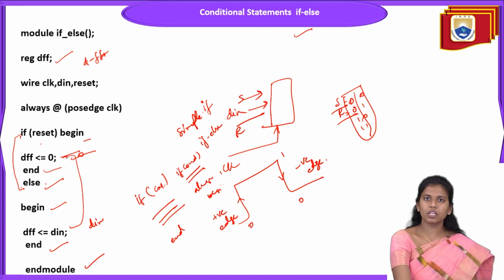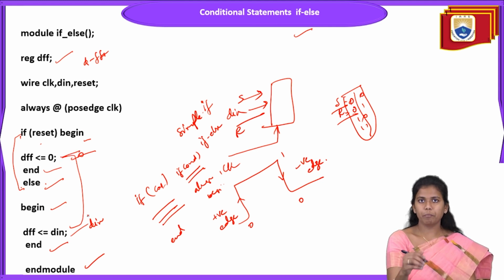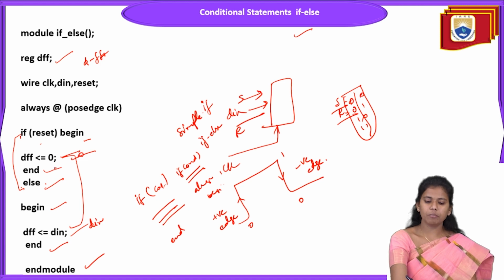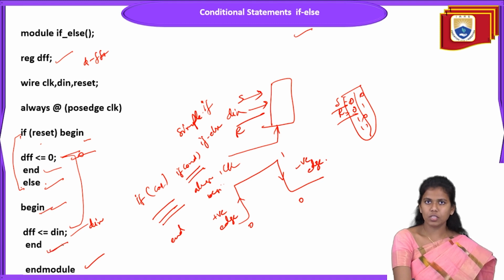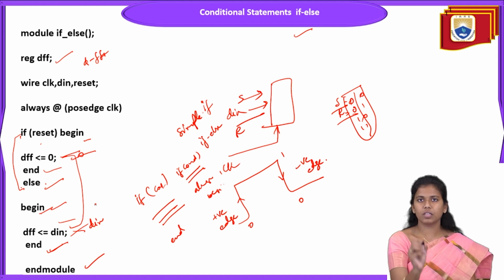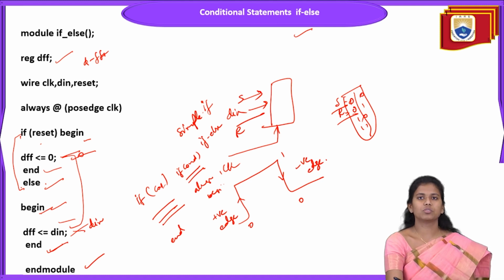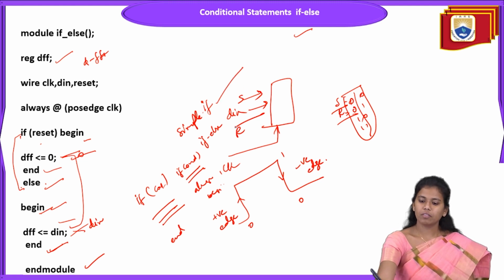One is with respect to 0 and one is with respect to the D input, isn't it? So for this reason I'm using begin and end statements. In between I have to write the conditions, whether it equals 0 or less than or equals to the input that you are considering. So this is the slight difference between the simple if and the conditional statement if else.